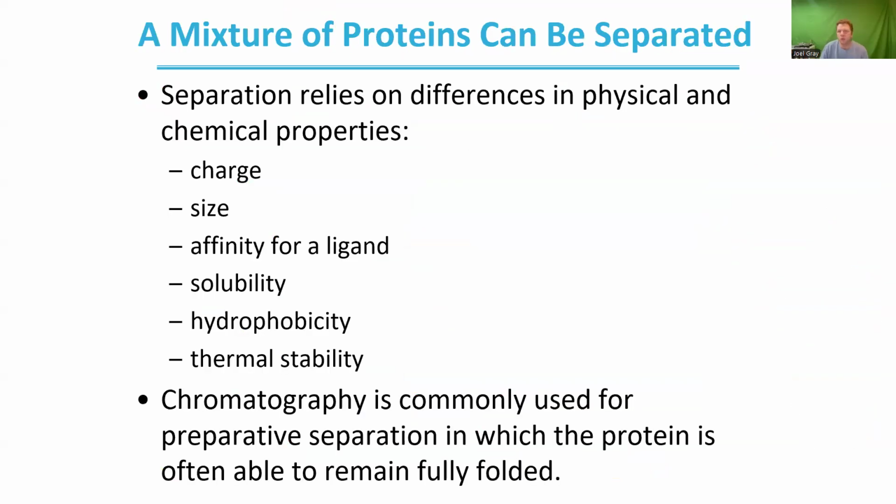Okay, so a mixture of proteins can be separated using a number of different techniques. It's helpful for me to think about this in terms of candy, in part because I like candy, but also because if I have Skittles, Skittles have unique properties that are different from M&Ms, which are different from peanut butter M&Ms, which are different from peanut M&Ms.